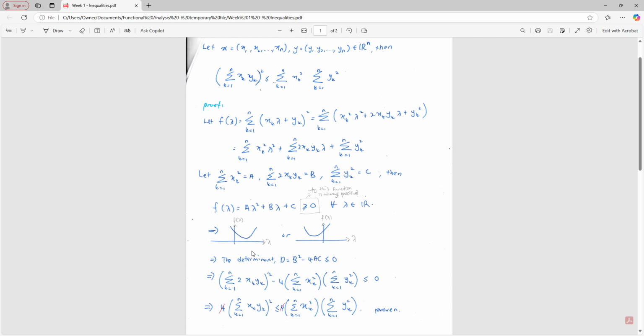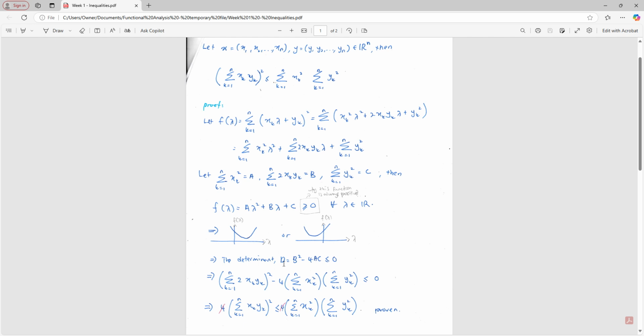Here we have b squared minus 4ac less than or equal to 0. Just recall again what happens if the determinant is more than 0. Then we have roots. What do we mean by roots? It means that the function crosses the x-axis.